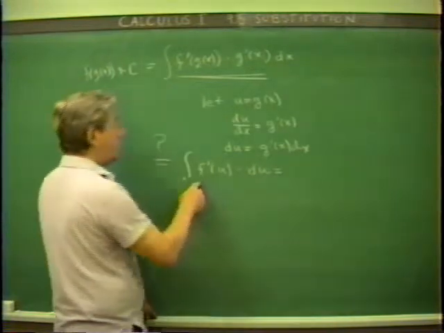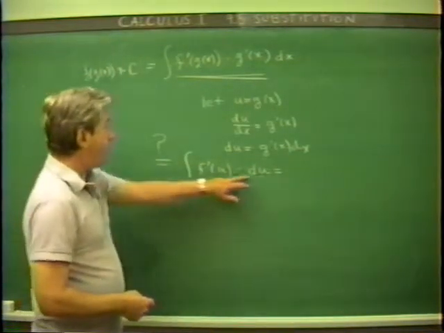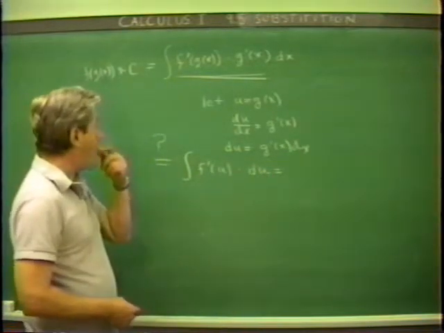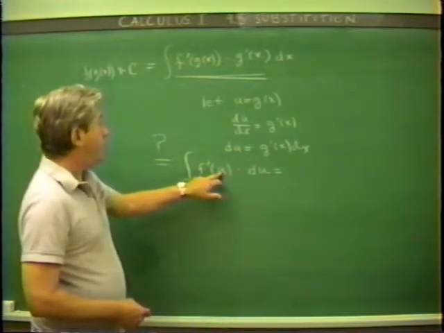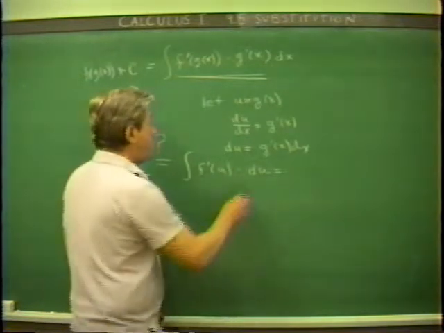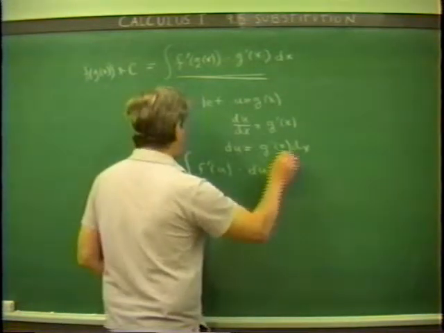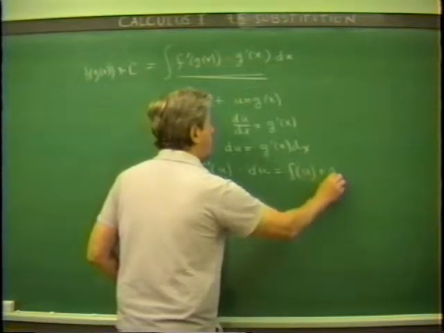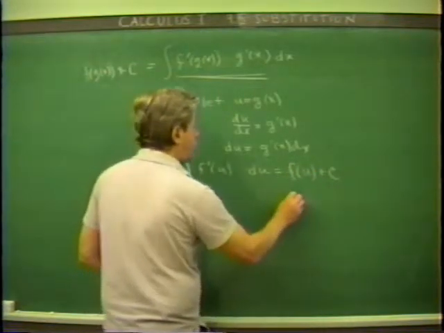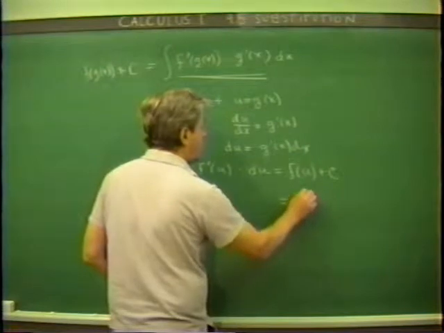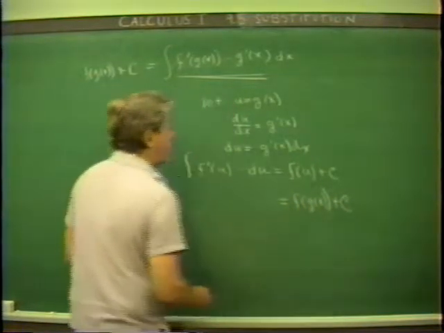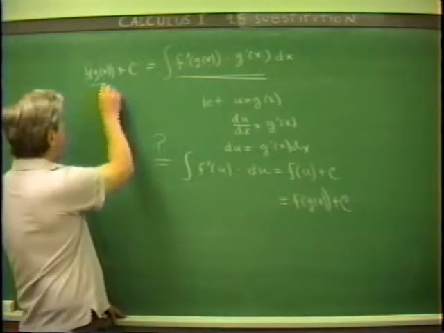The antiderivative of f prime of u with respect to u, right? Now here we're anti-differentiating with respect to a different variable, and this always tells you the variable that's involved. The antiderivative of f prime of u with respect to u is going to be the function f itself at u plus any constant. But now u was g, so this is f of g of x plus any constant.